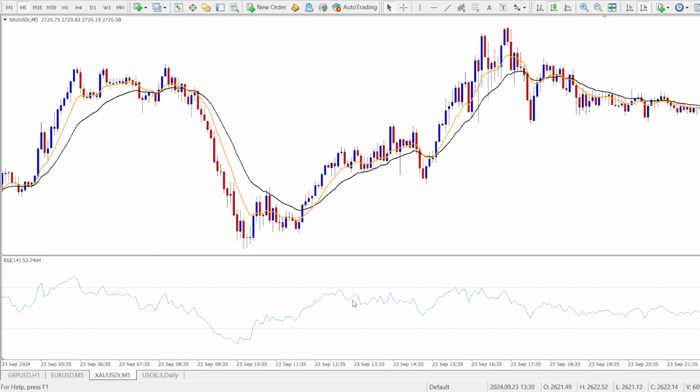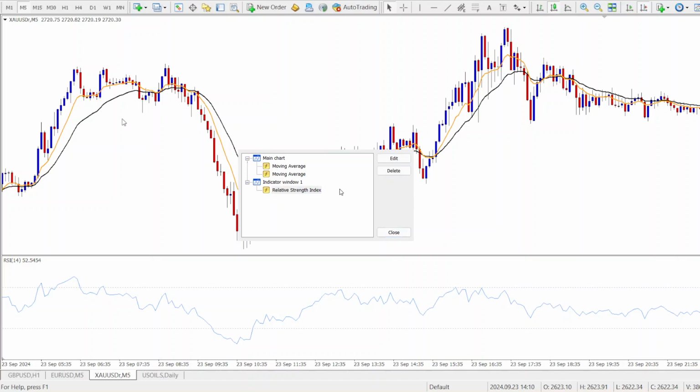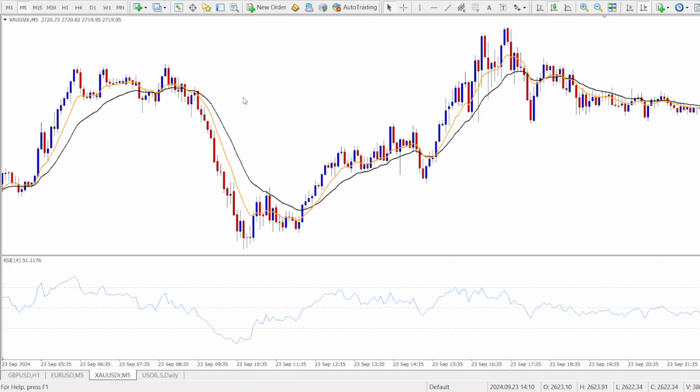So we're also going to add a 50 level for the RSI. When you have the RSI above the 50 level but below the 70, it indicates strength without being overbought.